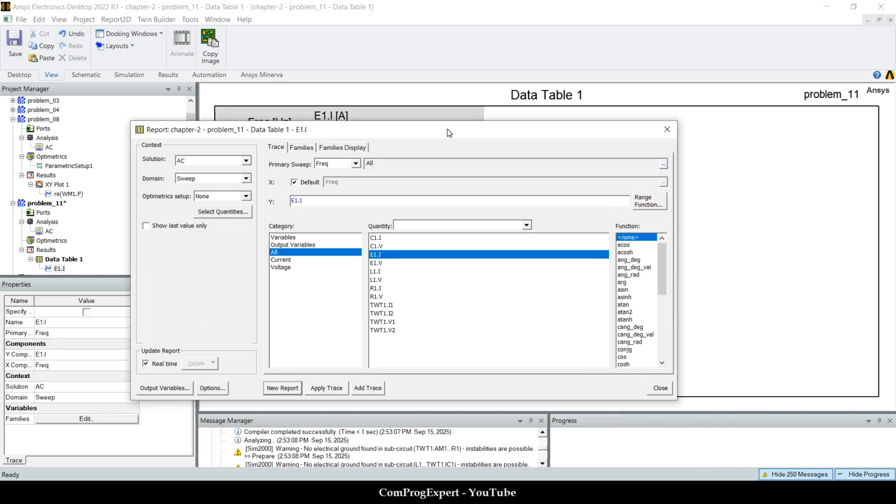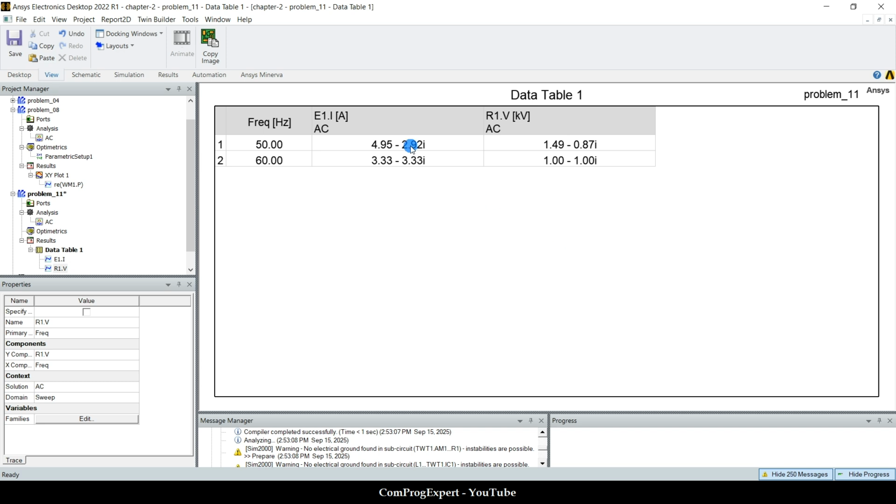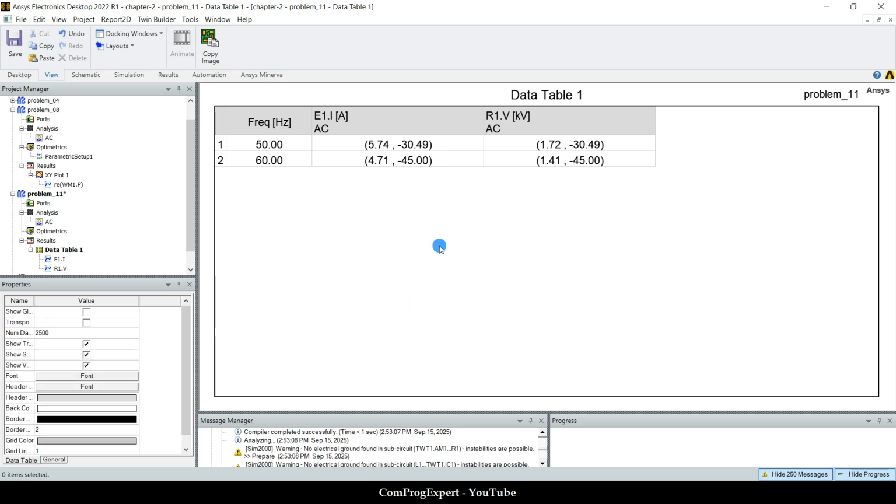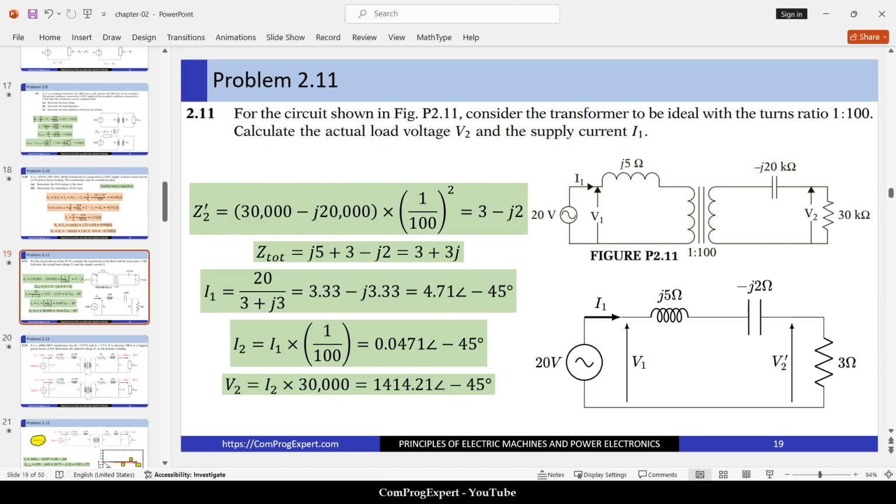Here we have this one, and the voltage of the R1. So let's show it in the magnitude and angle. Also this one. Okay. How much is the value of the current of the source, the amplitude? 4.71. This number.